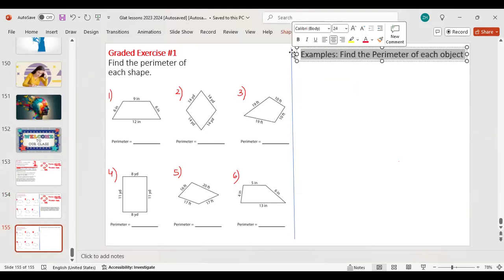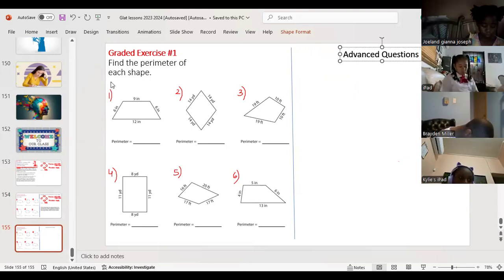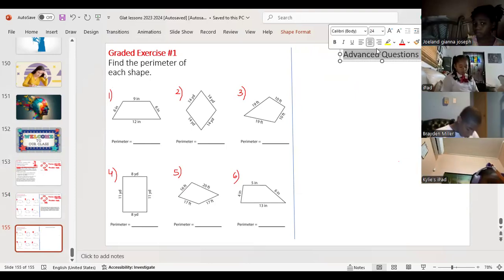Good. I'm going to give you all some advanced ones. This is only for those who are already finished. It's going to be advanced questions. If you're finished with the first one, then you could do the advanced one.